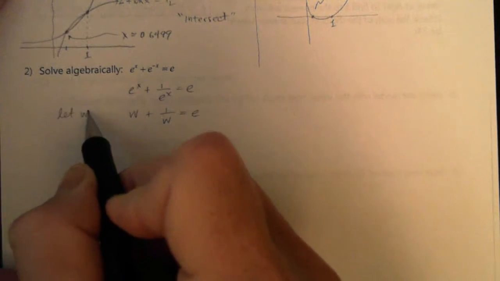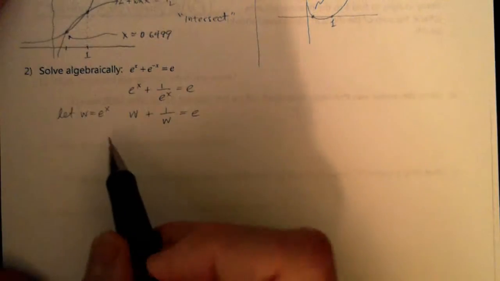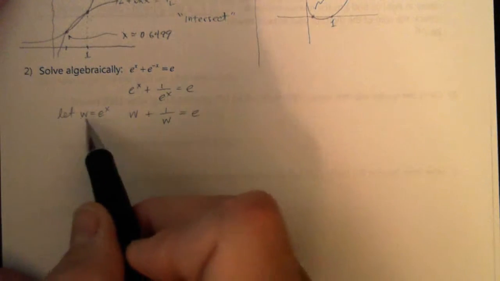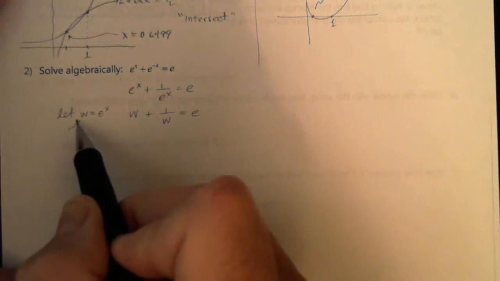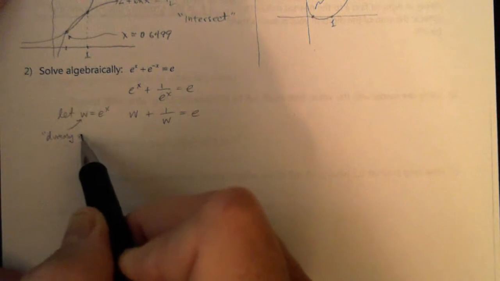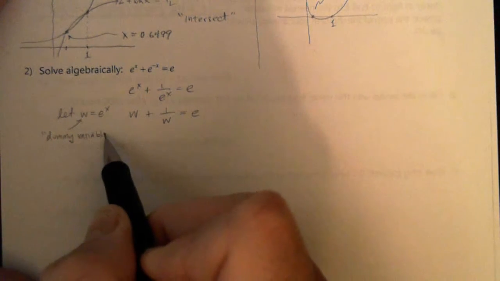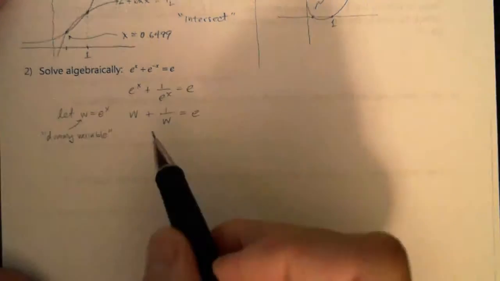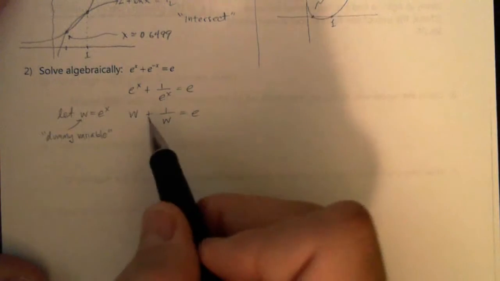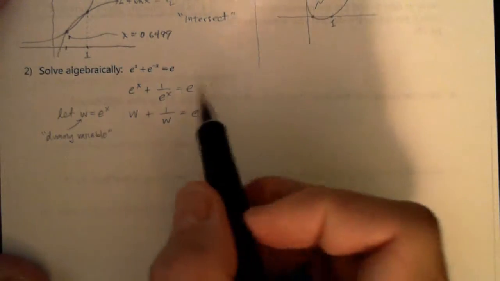So we're going to let w equal e to the x. If you can completely rewrite the variable aspects of your equation with another variable, this is called a dummy variable, like a ventriloquist dummy. It stands in for x, well actually a little bit larger than x, but it allows us to see that this equation looks rational.